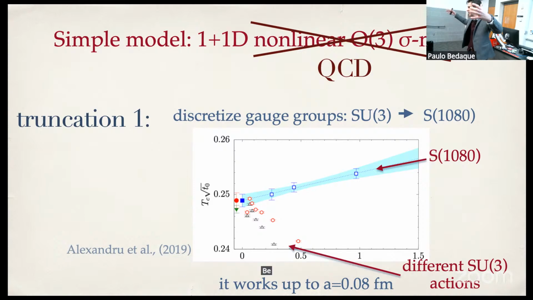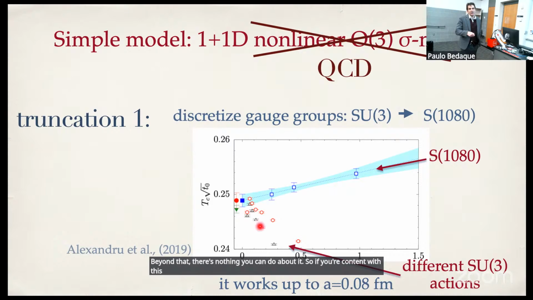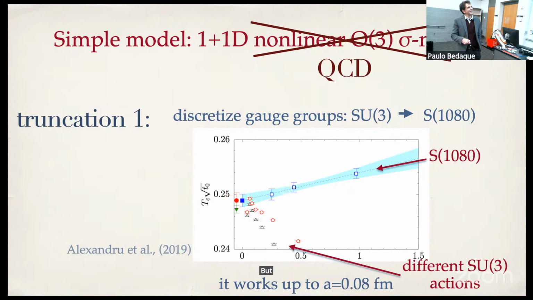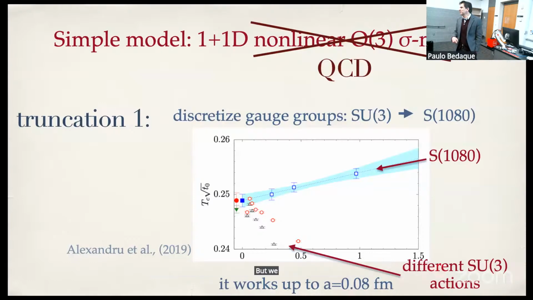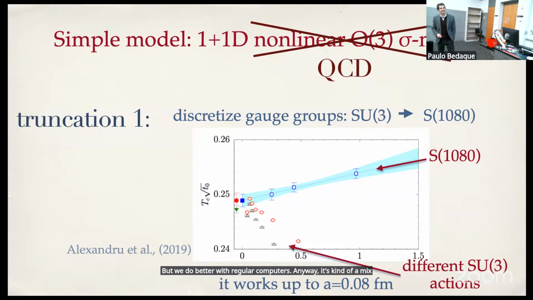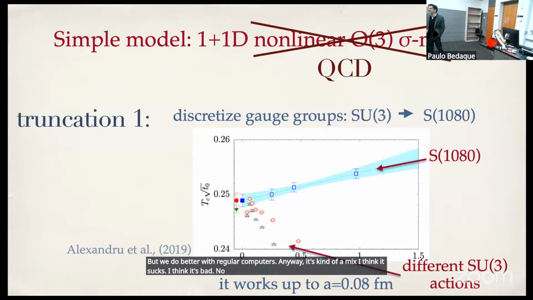Beyond that, there is nothing you can do about it. So if you're content with this level of precision, that's how you do gauge theories on a quantum computer. But of course, this would roughly correspond to this kind of lattice spacing that seems small, but we do better with regular computers. So anyway, it's kind of a mix. I think it sucks. I think it's bad. Nobody's going to invest years of research in something that is going to eventually fail.